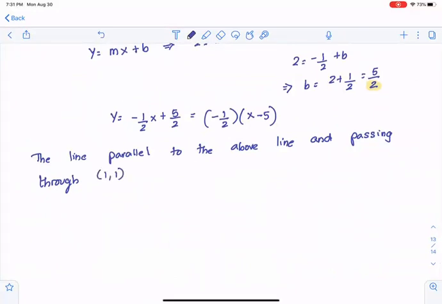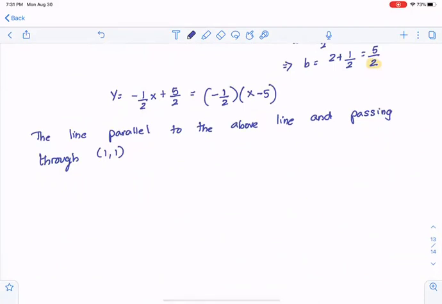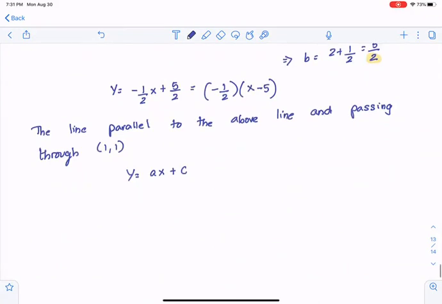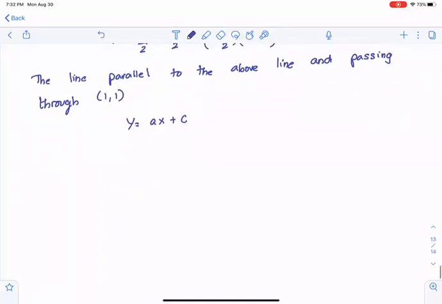So what do we know about this line? We'll call this line y equals ax plus c, different letters. The slope of this line must be the same as the above line, negative 1/2, because they are parallel. So the slope a has to be negative half because the lines are parallel.